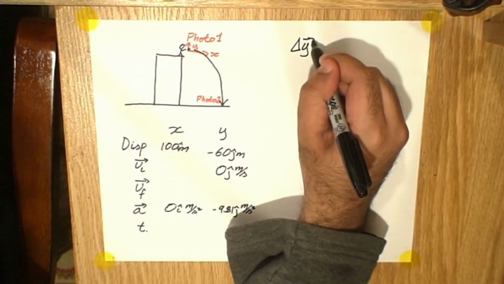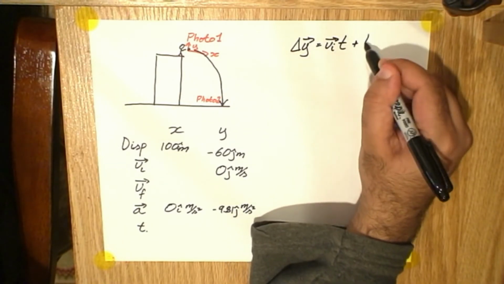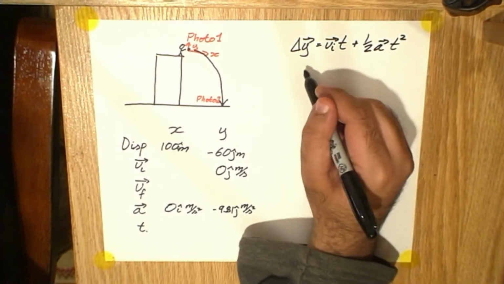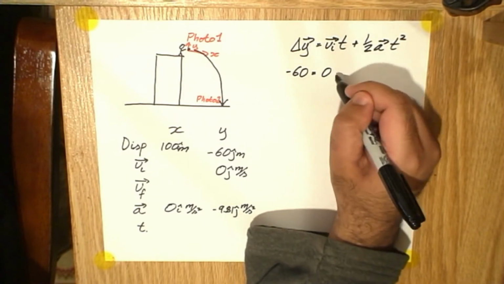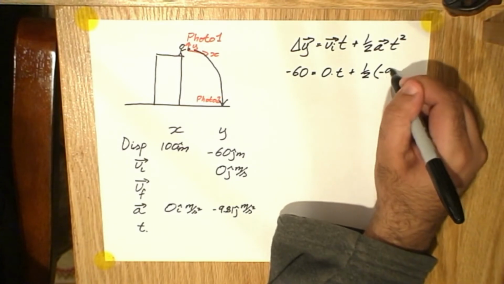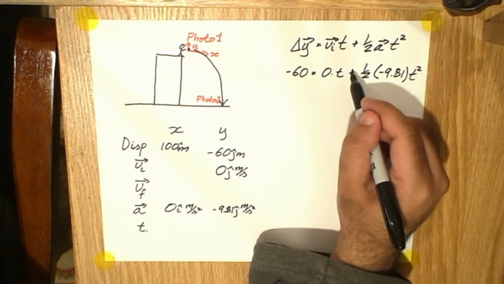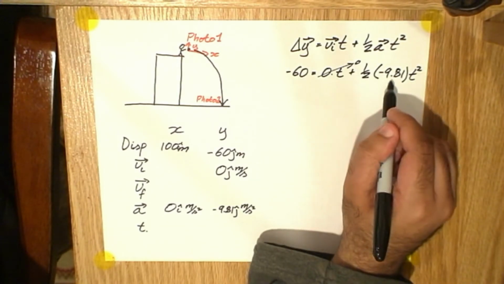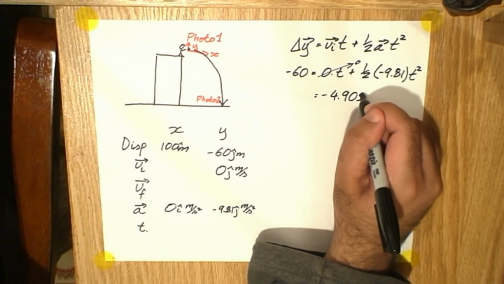That is delta y is equal to v initial times t plus 1/2 acceleration times t squared. So delta y, negative 60, is equal to v initial times t, so 0 times t, plus 1/2 acceleration, negative 9.81, times t squared. Now 0 times t is going to cancel out. And half of negative 9.81 would be negative 4.905.